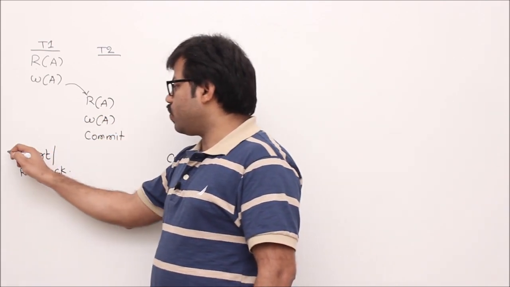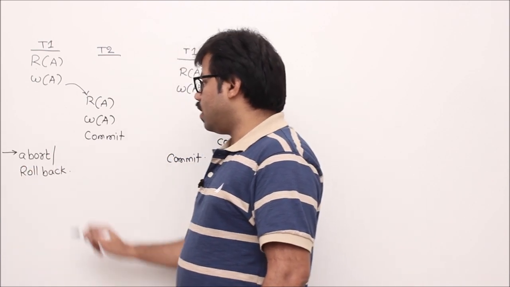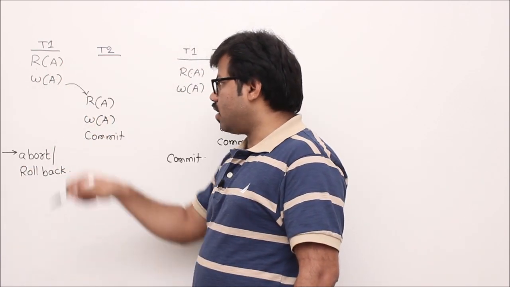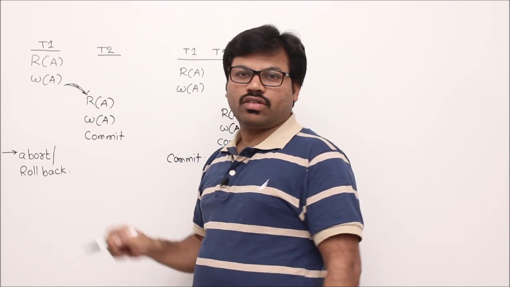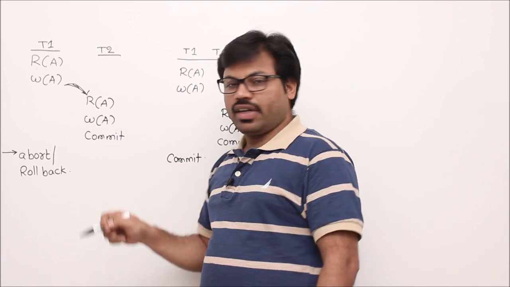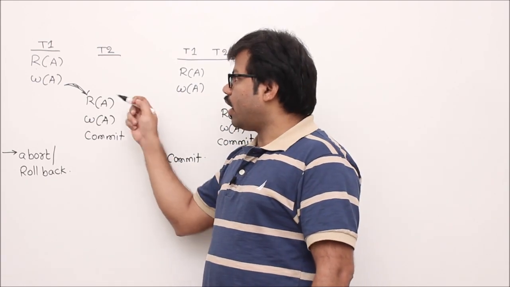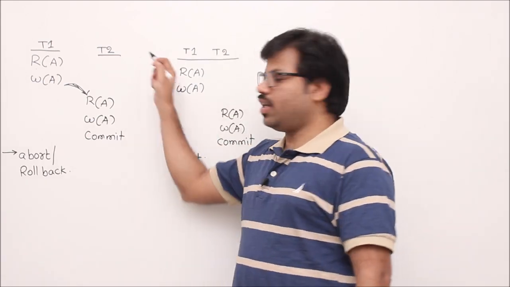If you see at this point, now this transaction got cancelled. That means whatever you read here was wrong. When you read wrong data, how do you correct the system? For that we have to cancel T2.